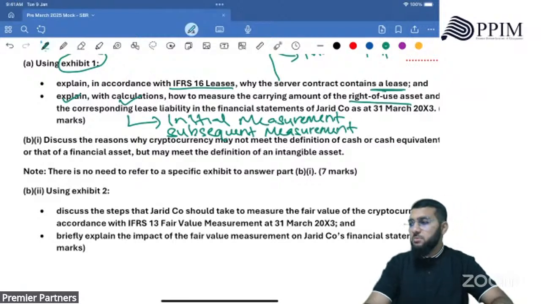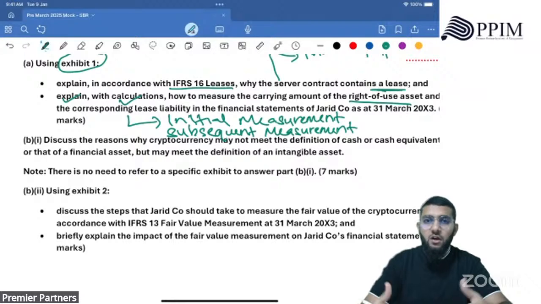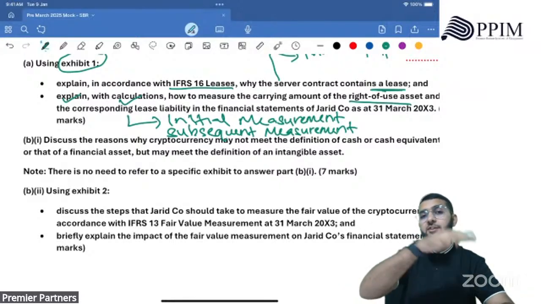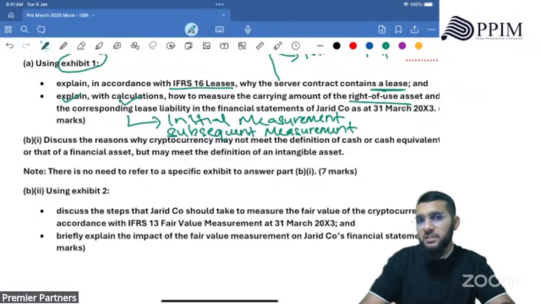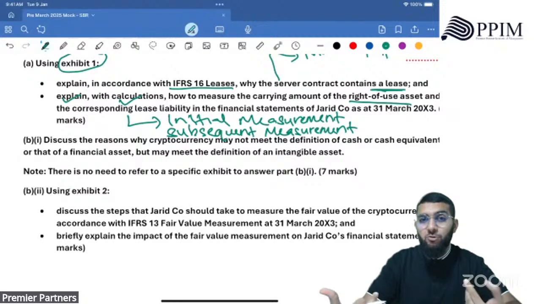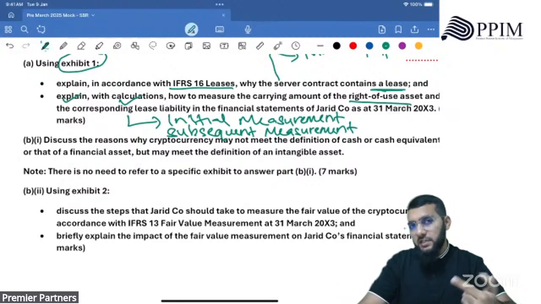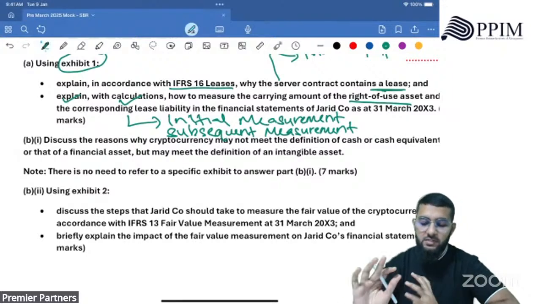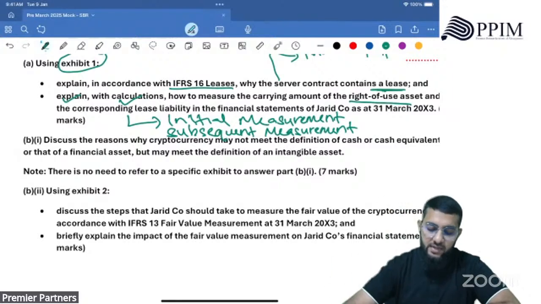The initial measurement is at the start of the contract, and subsequent measurement you do at the end of the year. All right, so right-of-use asset, you have to do the depreciation and you reduce the carrying amount. Lease liability increases by the finance cost and reduces by the payments. That's the basic understanding you need to have. Right? That's using exhibit number 1.